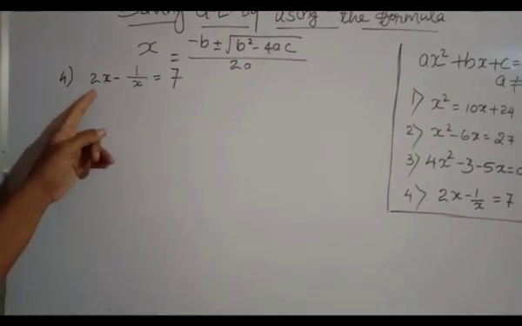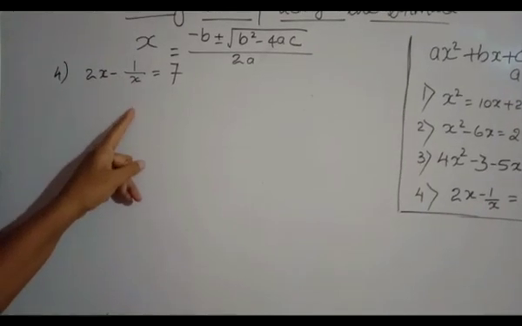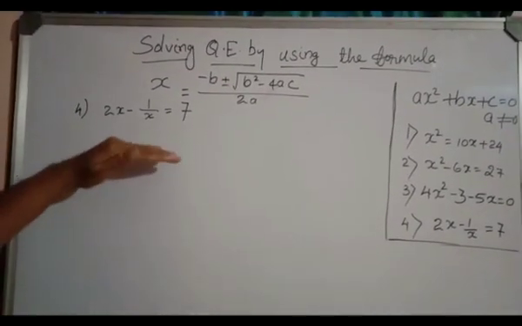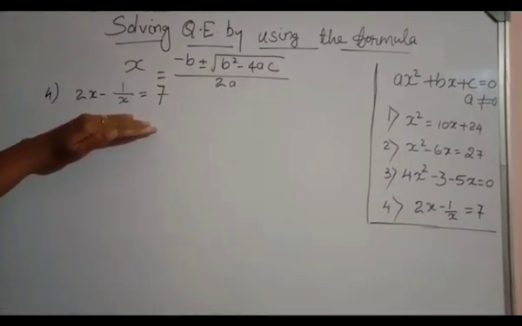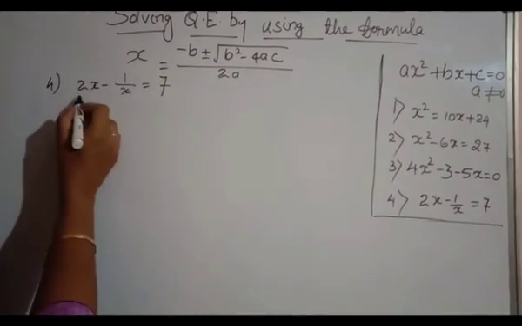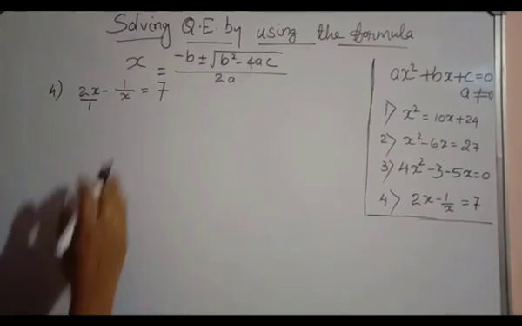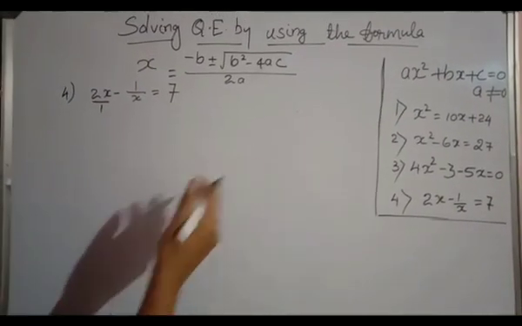Let's consider the last question. 2x minus 1 by x is equal to 7. As I have told you, first you need to convert the given equation into the standard form. So you'll have to take the LCM here and make a fraction on the left hand side, and then we have to simplify further.